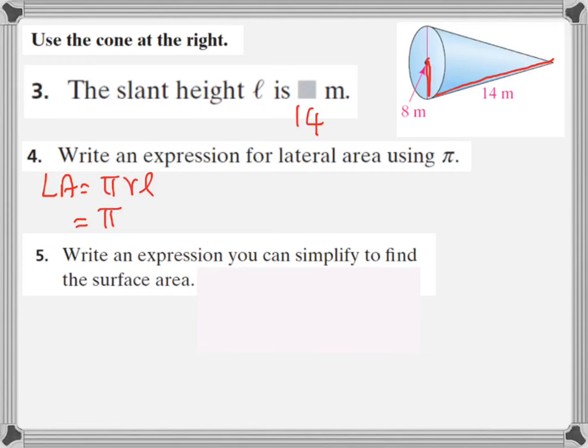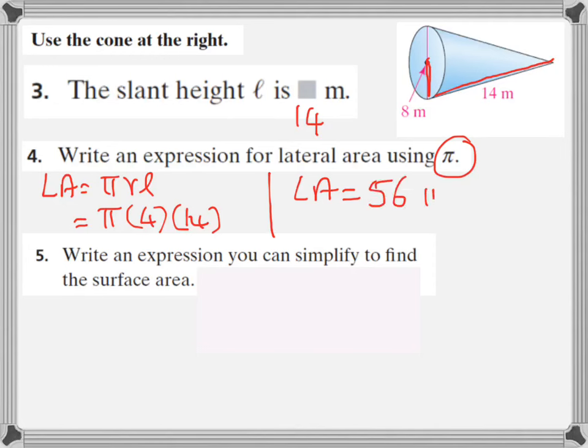So pi times 4 times L, which is 14. So LA is equal to 14 times 4, which is 56. And the question says write an expression for lateral area using pi. So pi has to remain as it is. 14 times 4 is 56. So LA is 56 pi.